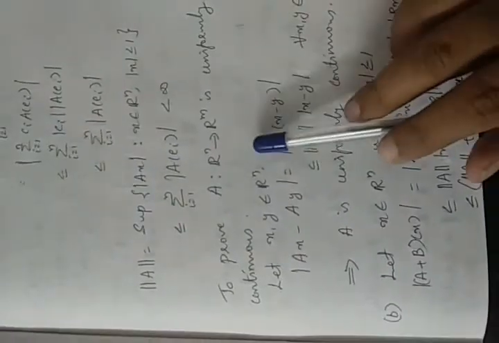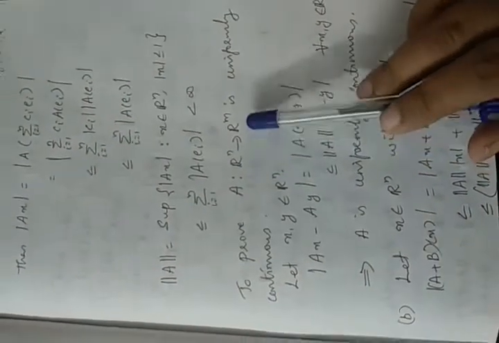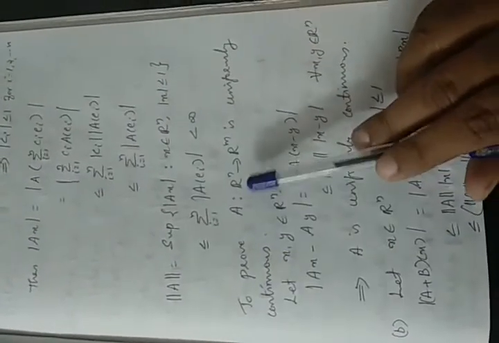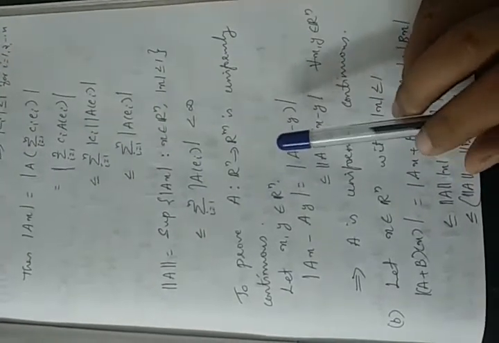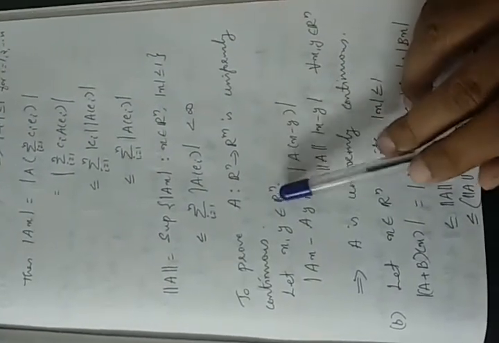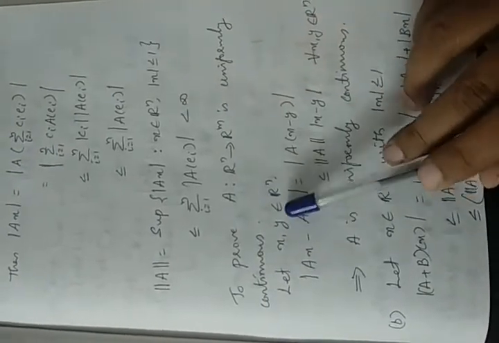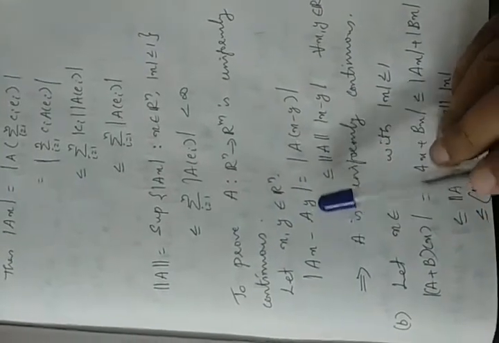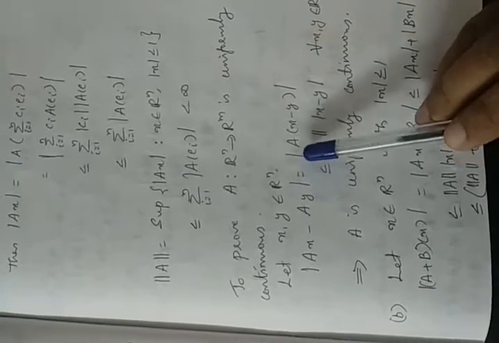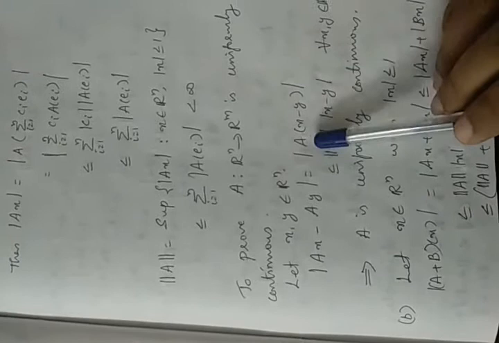Next, we have to prove that the linear transformation A from R^n into R^m is uniformly continuous. In order to prove this, we use the Lipschitz condition. That is, we consider any two elements from the domain R^n. So, let x and y belong to R^n. Then we consider modulus of Ax minus Ay, and since A is a linear transformation, this is equal to modulus of A of (x minus y).